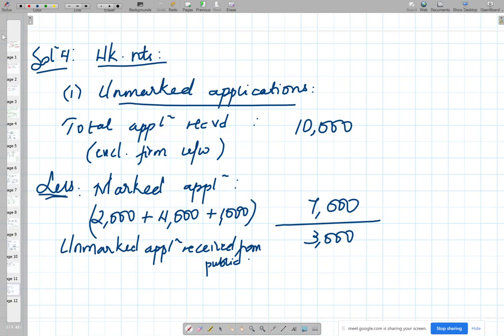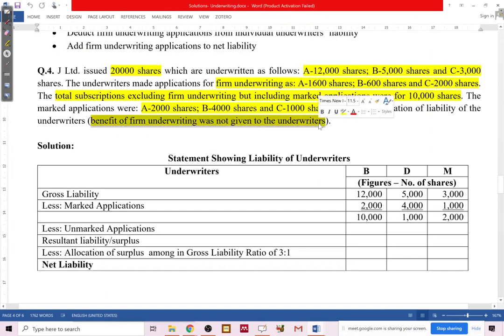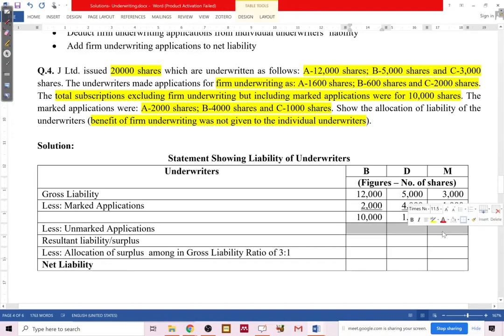Now the problem we have to look at is to find out whether benefit of firm underwriting was given or not given. It was not given to the individual underwriters. When they say underwriters, the more proper way of saying it is individual underwriters. The benefit, in the sense, is that whatever the firm underwriting is will be deducted from their total, but not individually.